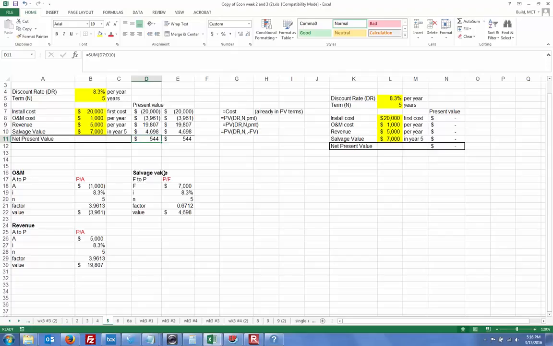So that should sort of tell your initial investors, hey, we need $1,000 to break even. If you let it run for longer, if you're only spending $1,000 in maintenance and you're making $5 grand a year, it should make more money.